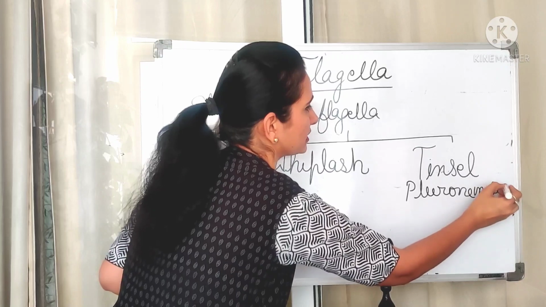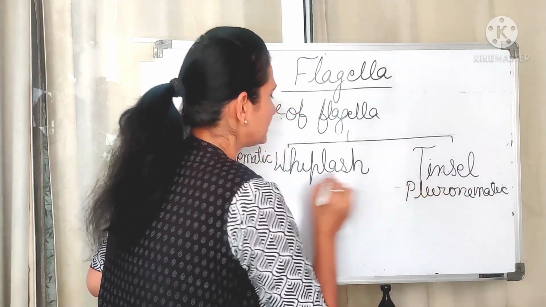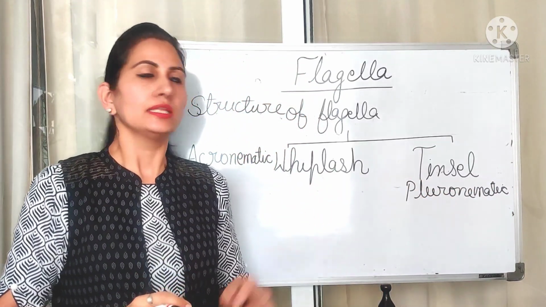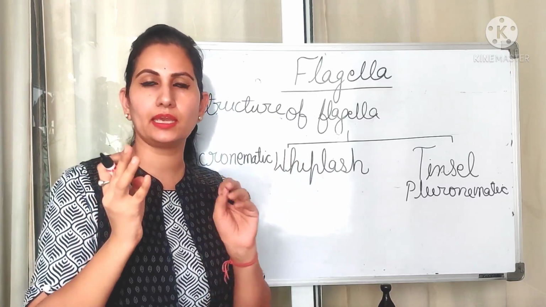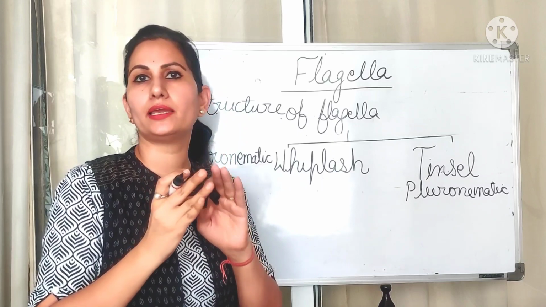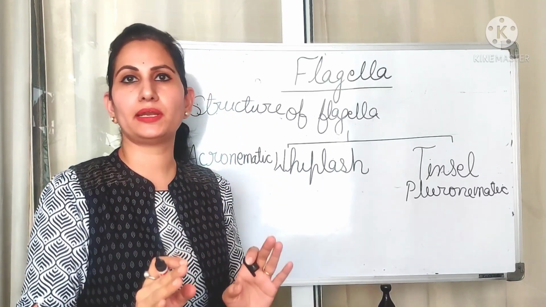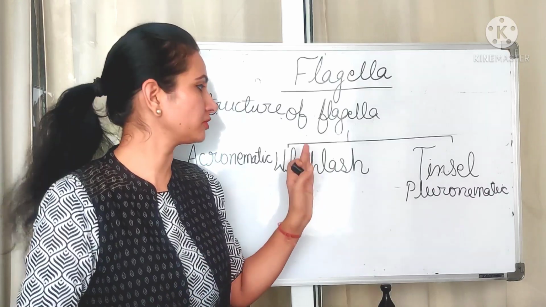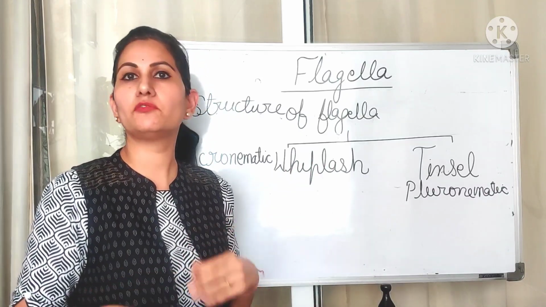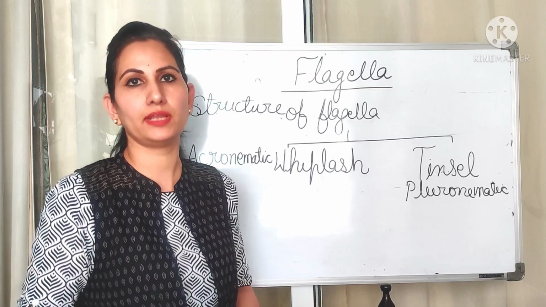What is the difference between both of them? There are some particular small-sized appendages. They can be like scales, they can be like hair. If these appendages are not present on the surface of the flagella, then the flagella will be considered as Whiplash flagella.